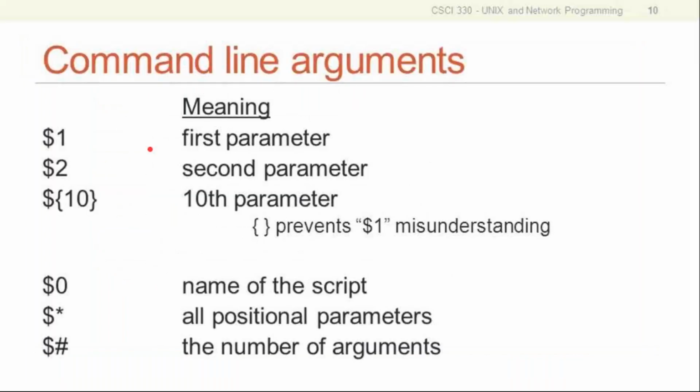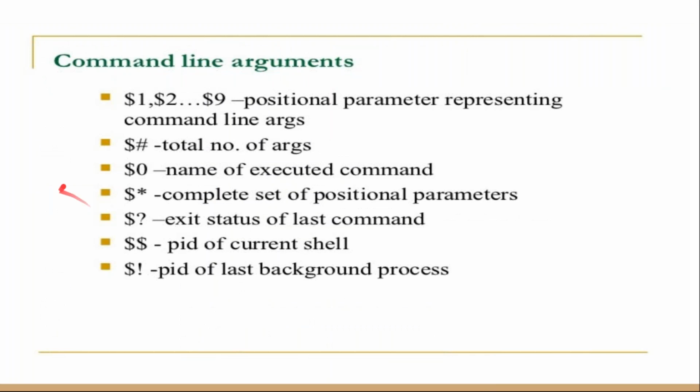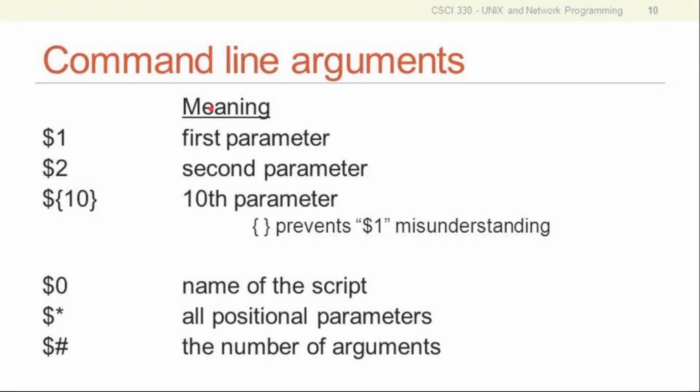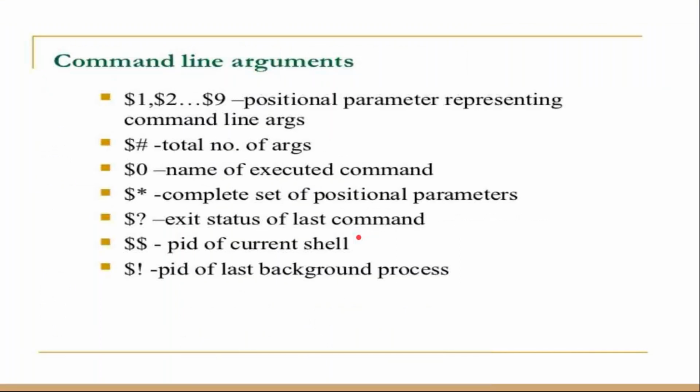Like in this example, $1 is the first parameter, $2 the second. If you go beyond 9, you have to use curly braces. The 10th parameter cannot be written as $10, because $1 is already there and the system won't understand $10.